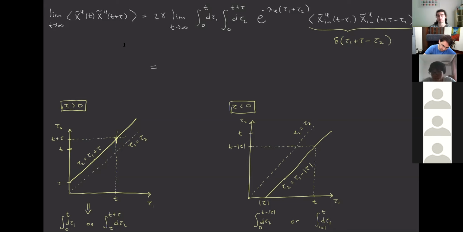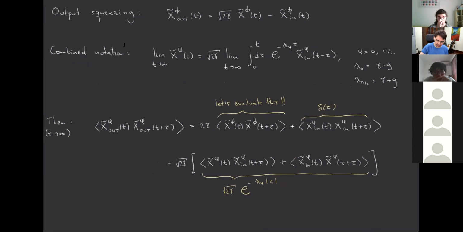So using this, you get at the end an incredibly simple expression, which just looks like this. It's just an exponential of minus lambda and the time difference tau. So then, as promised, you see that for a stationary system like this one, the two-time correlation function depends only on the absolute value of the time difference, okay?